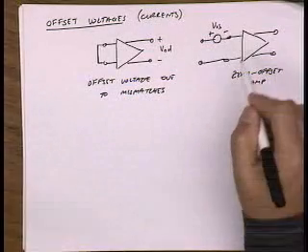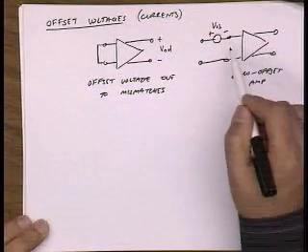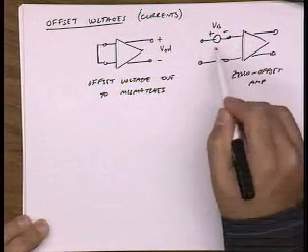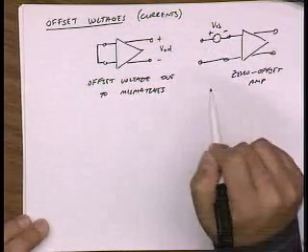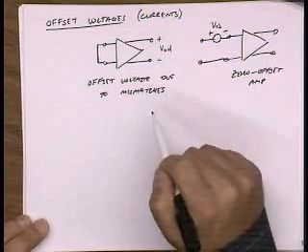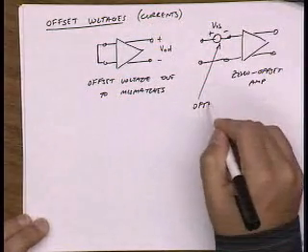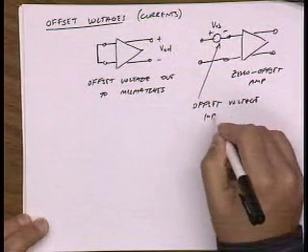But for a given part, VOS is more or less constant. So even if I ground the input of my amplifier, there's still a differential input which causes the output to be non-zero. This is what we call the offset voltage, and by definition, it's input referred.